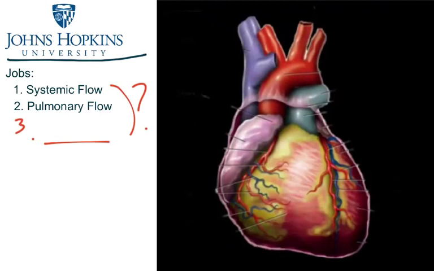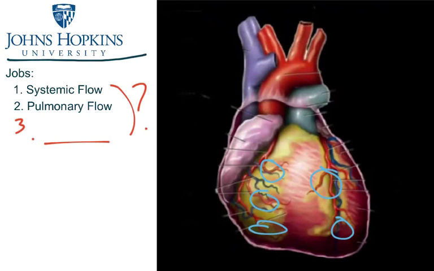So the final thing you'll notice if you look at this picture, and it's hard to not notice, is that there are these kind of wriggly looking little blood vessels throughout the heart. And what are these exactly? I mean, you know, you have the red ones and you have the blue ones. And the blue ones are obviously the veins, and the red ones are the arteries.